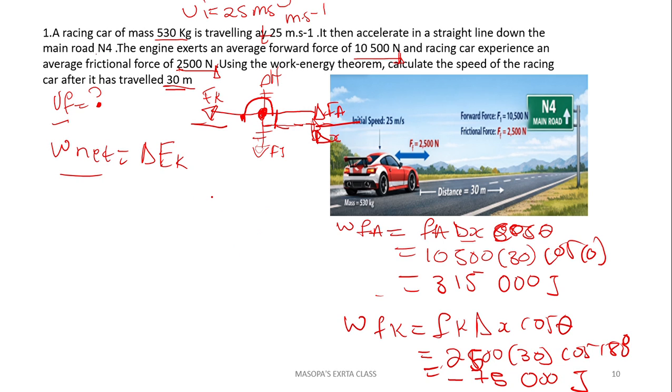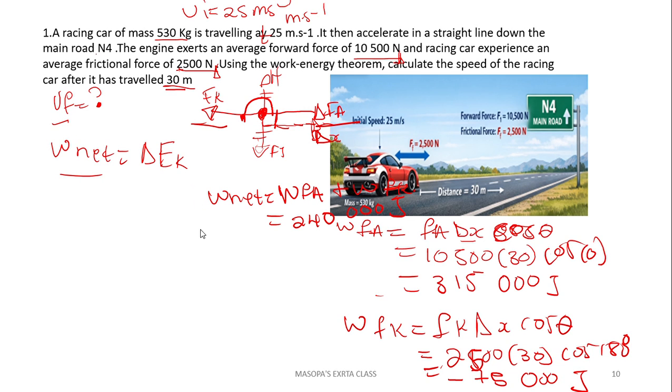And then you're going to add them. That means your work net will be the work done by the applied force plus the work done by the Fk. When you add them, you must get 240,000 joules. Then we have the work net done on that racing car.